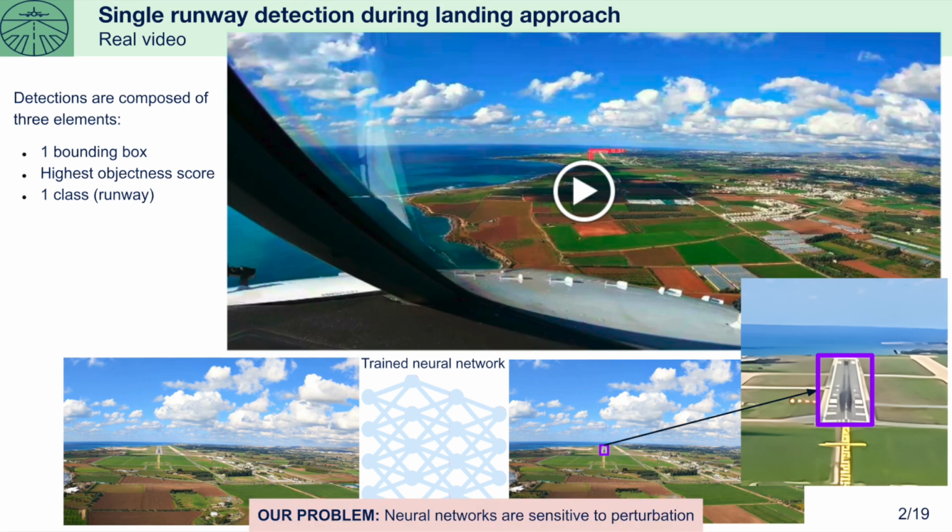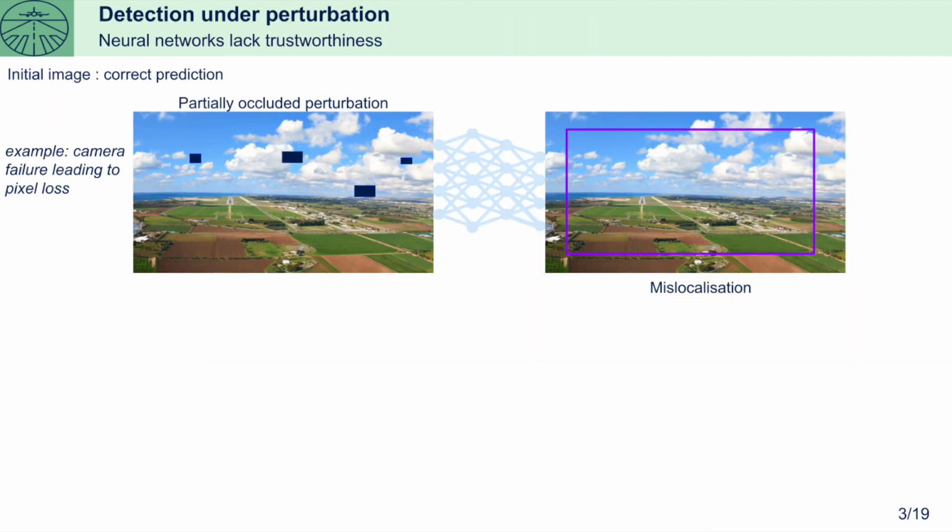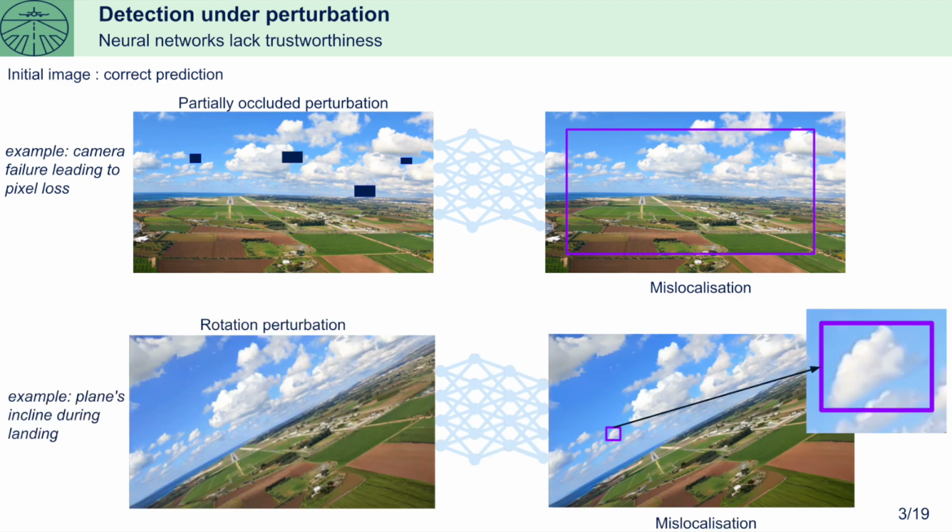Our problem is that neural networks are sensitive to perturbation. And for instance, let's consider this initial image where the model predicts correctly. The removal of some pixels, perhaps due to camera failure, could cause the neural network to fail. And for example, this issue also arises with image rotation.